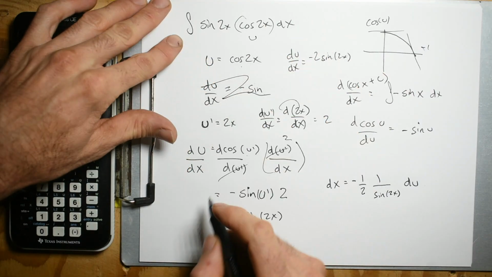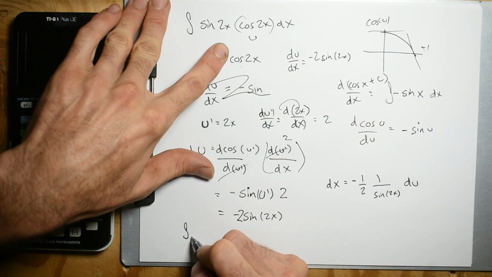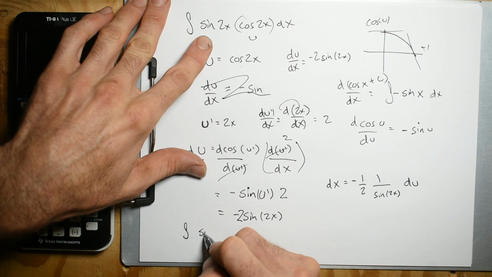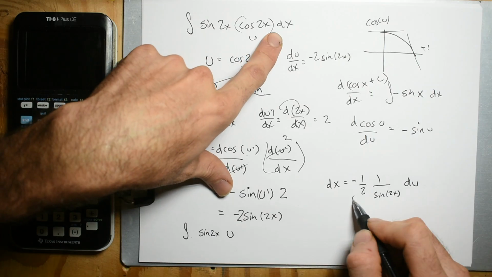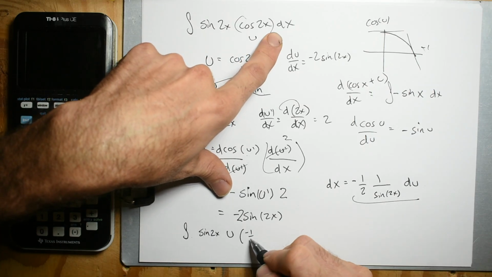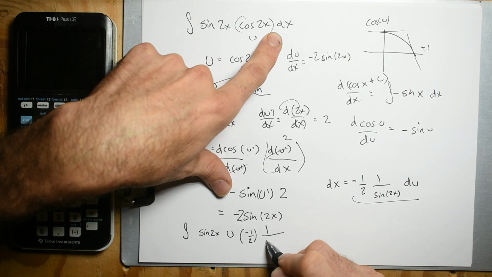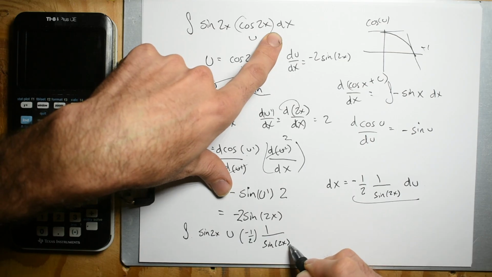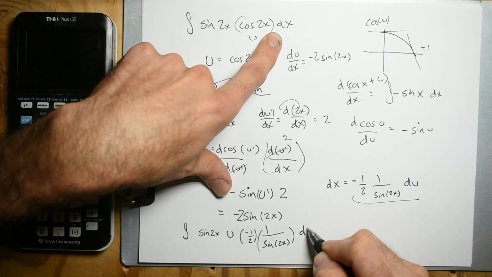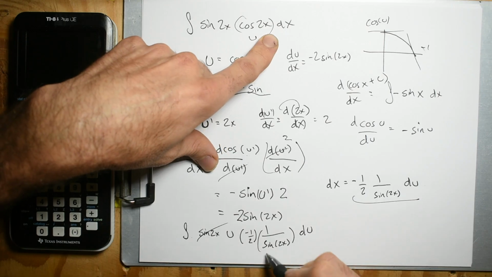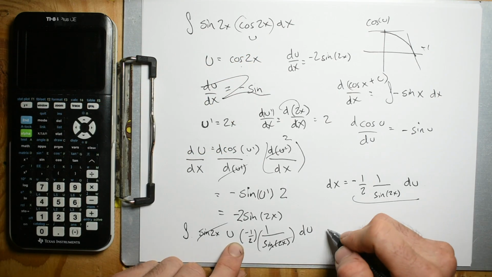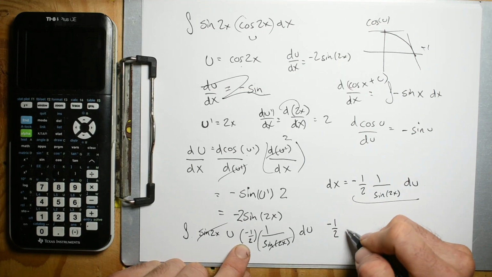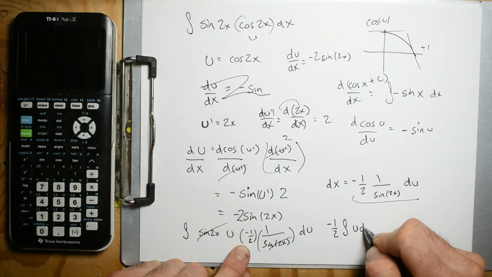So we're going to have the integration of sine 2x u, and then this is what we're subbing in: a negative 1/2, a 1 divided by sine 2x, and then a du. These cancel, and then we're going to have 1/2 outside the integration. So we're going to have negative 1/2 integration of u du.